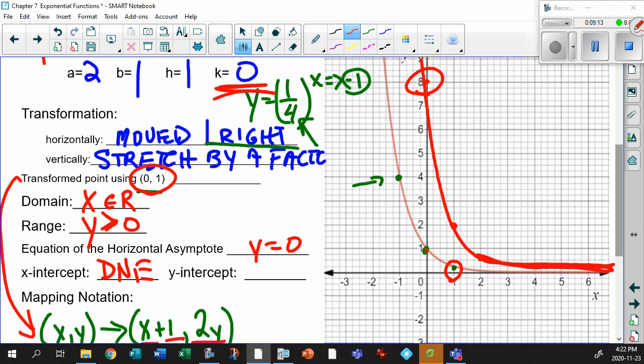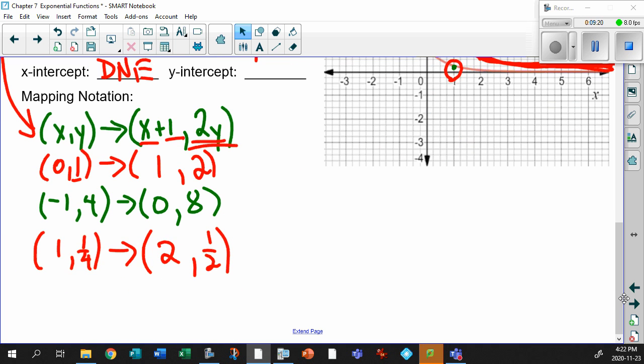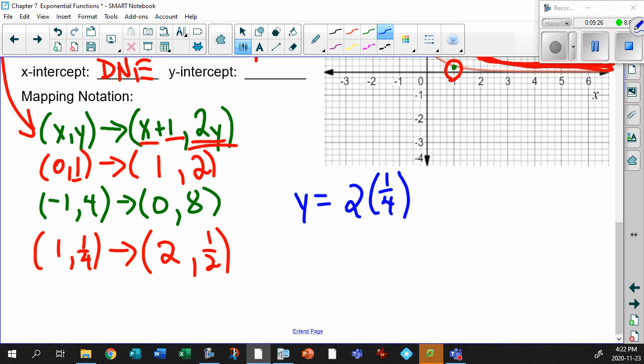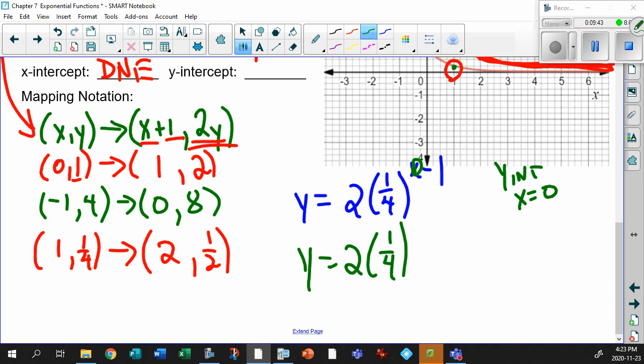Now, what if I wanted to figure out the y-intercept from the formula? If you remember, the formula was y = 2(1/4)^(x-1). Now, think about this for a second. Hold on. We know that a y-intercept happens when x equals 0. So that means this guy's now 0. So if you think about this, this is y = 2(1/4)^(0-1). Oh, look at that.